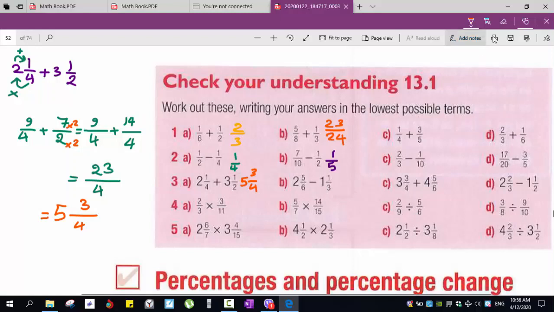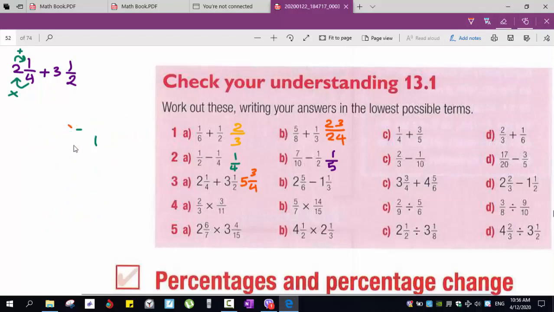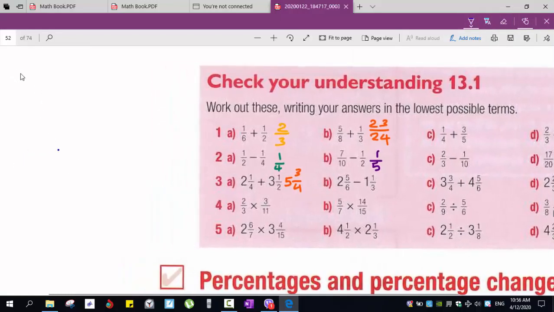Question 3b is subtraction of two mixed numbers: 2 5 over 6 minus 1 over 3.